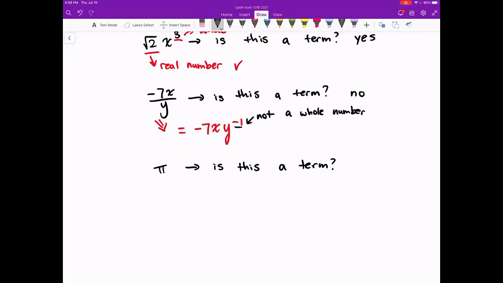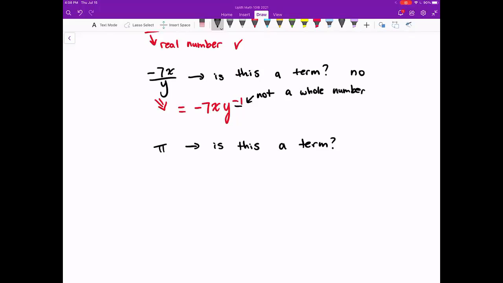Yeah, good job. So pi is a term because pi is equivalent to pi times x to the power of 0. Since 0 is a whole number and pi is a real number, then this is indeed a term.